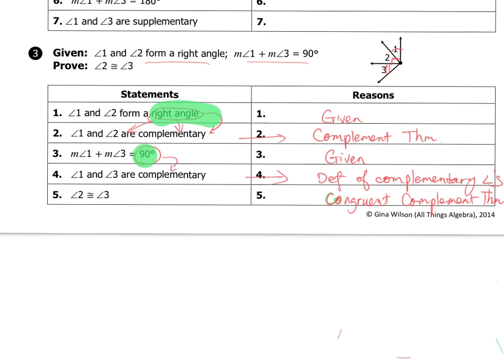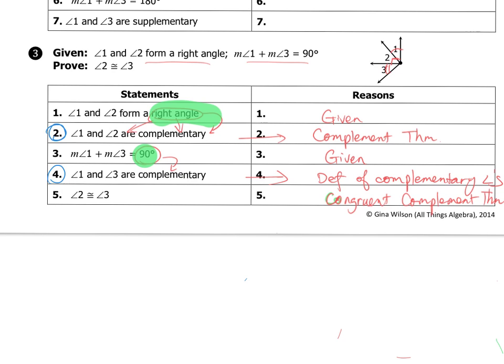if, this is the one that sounds like the transitive property, because it says that, let's see, if angle 1 and angle 2 are complementary, so that's step 2, right?